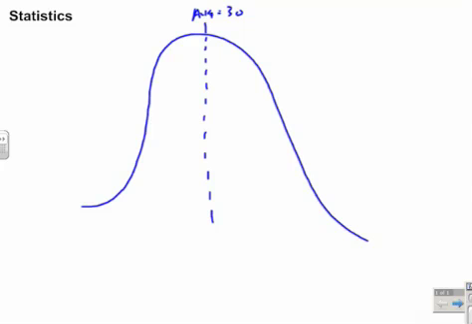Basically, this bell curve has error in it, which we call plus or minus. We'll use the term standard deviation.